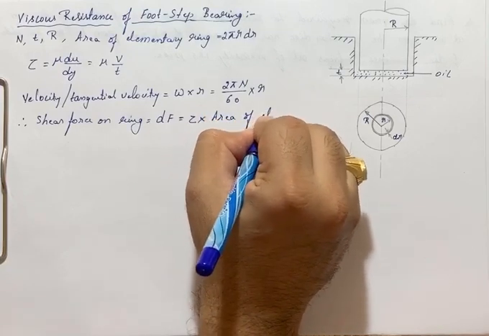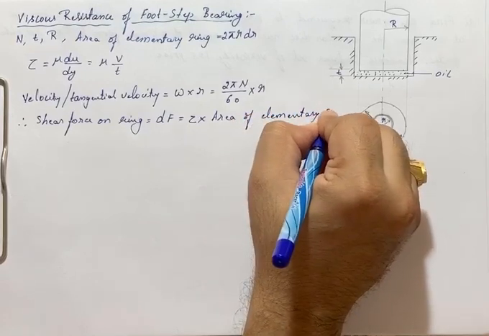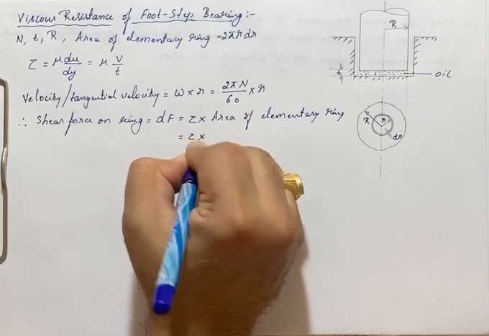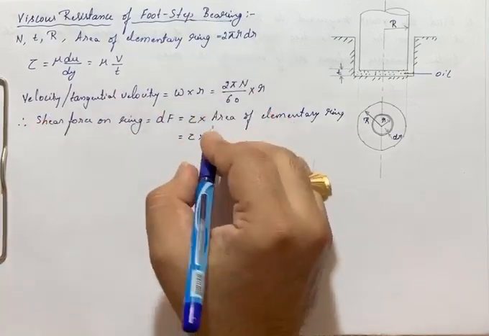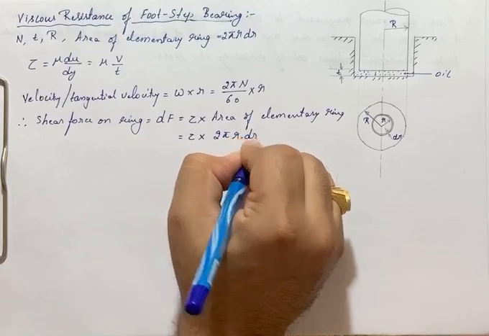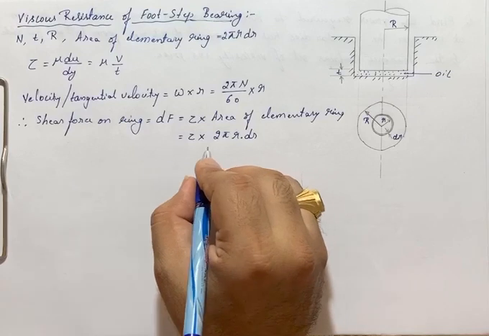The area of the elementary ring is 2 pi r into dr.